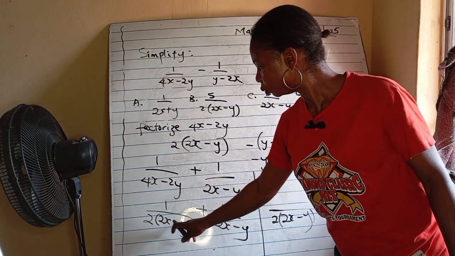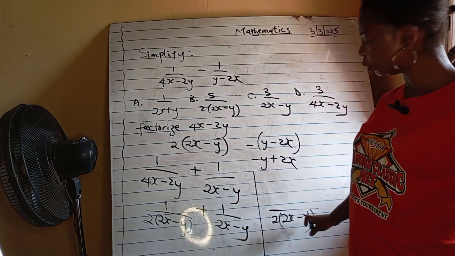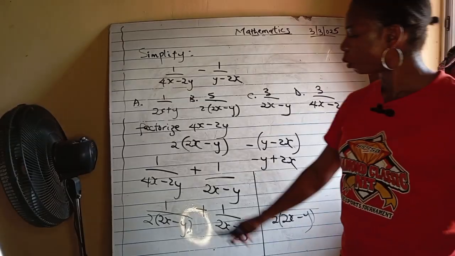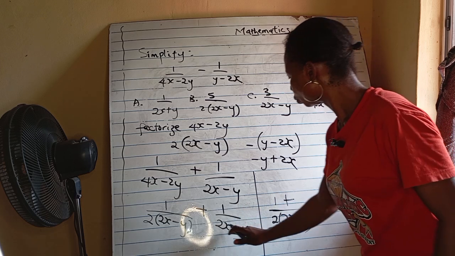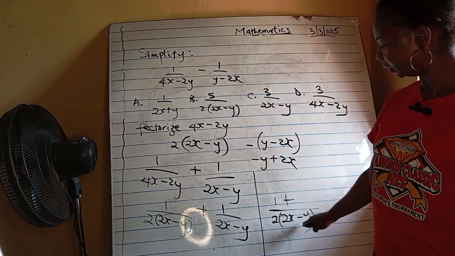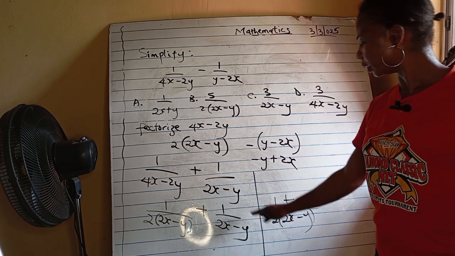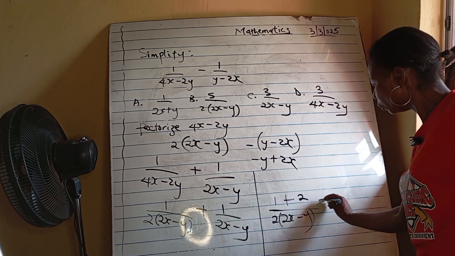So we have 2 into 2x minus y, divide 2 into 2x minus y, it will give us 1. 1 times 1 is 1. Plus 2 into 2x minus y, divide this, it will give us 2. 2 times 1, 2.